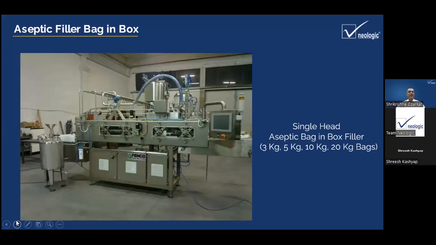This is a typical single head web filler. The feeding is always from the left hand side, and the bags are coming down from the right hand side. You can see the flexible hose for the filling head and the product tank in the back. This is typically used for 3 kg, 5 kg, 10 kg, 20 kg bags.